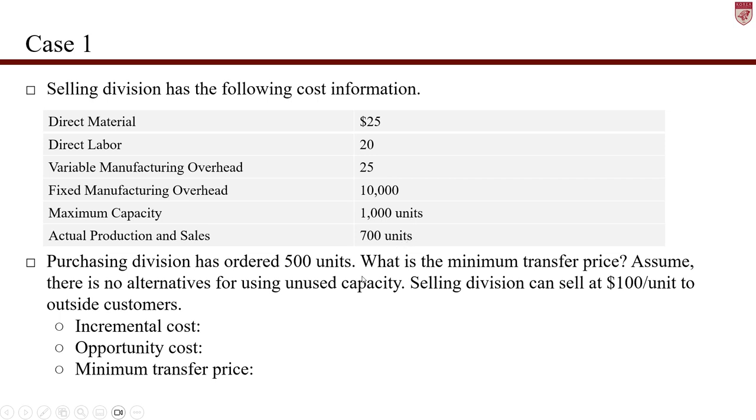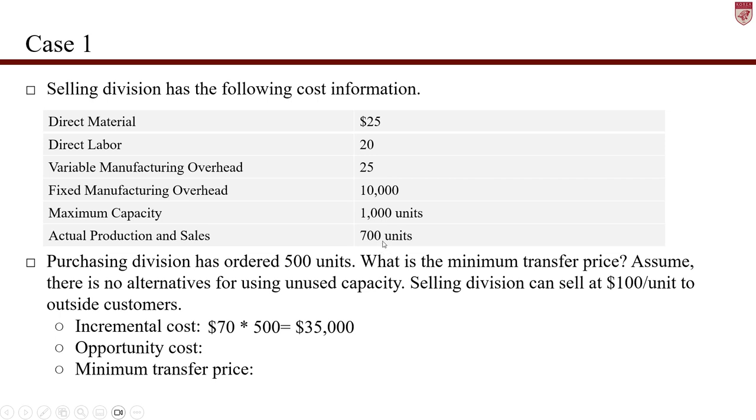So then what happens? Well, first of all, let us also use the same incremental cost number, $70. Now we're going to replace 300 with 500, so $35,000.